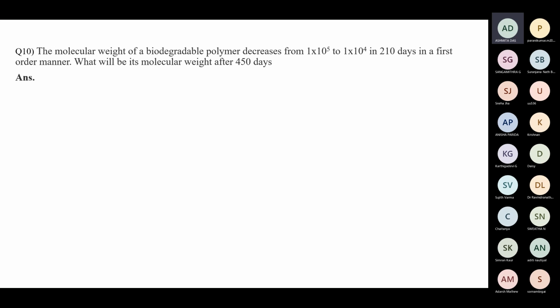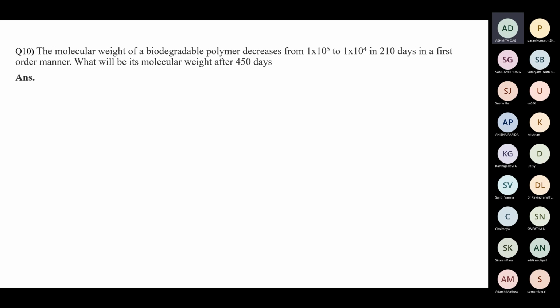After simplification, we get the k value equals 1 by t ln of A0 by A. So we put the value 1 by 210 ln of 10 to the power 5 divided by 10 to the power 4. The value comes as 0.011.